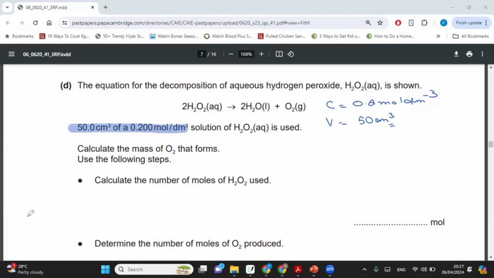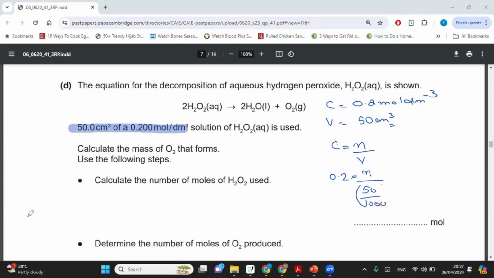Hydrogen peroxide is a liquid, right? Yes, correct. So concentration is equal to moles over volume. Your concentration is 0.2. We don't know what are the moles. The volume is 50 centimeter cube. Do remember to do conversions, otherwise your answer will be incorrect.